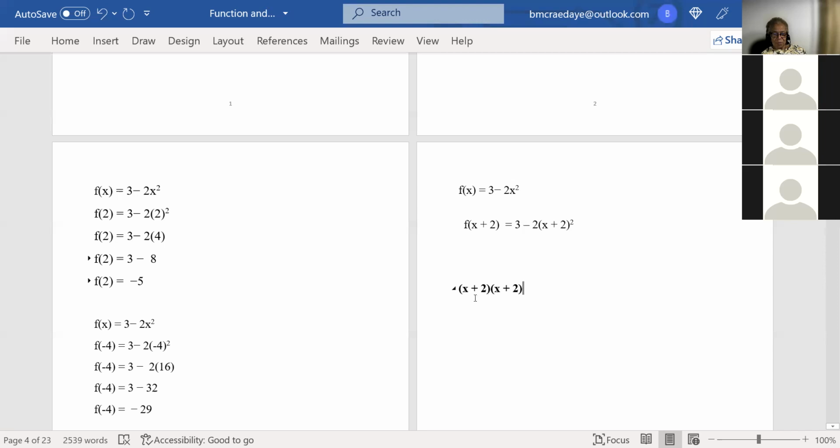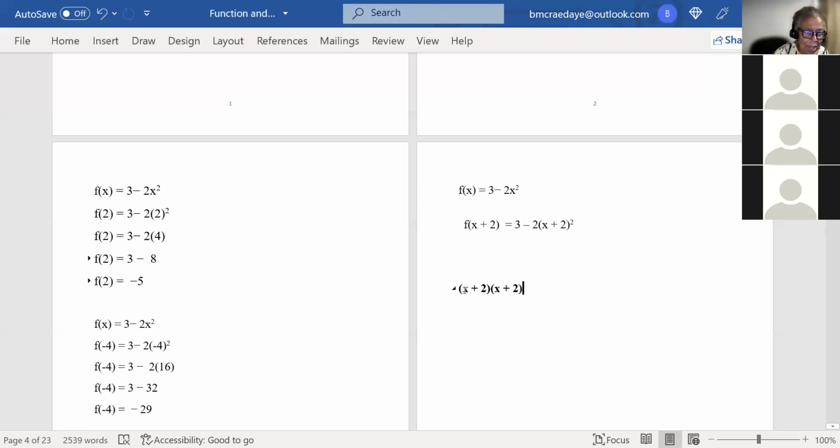No. See, when you square this, you'd have X times X. You'd have X times 2, 2 times X, and 2 times 2. So it's going to be X squared plus 2X plus 4. That's how it is?